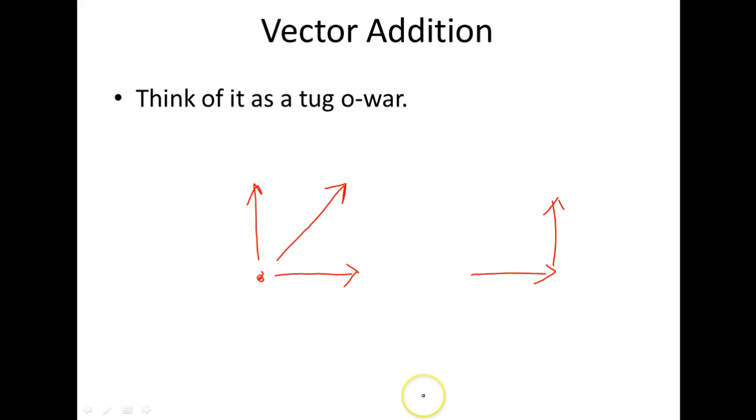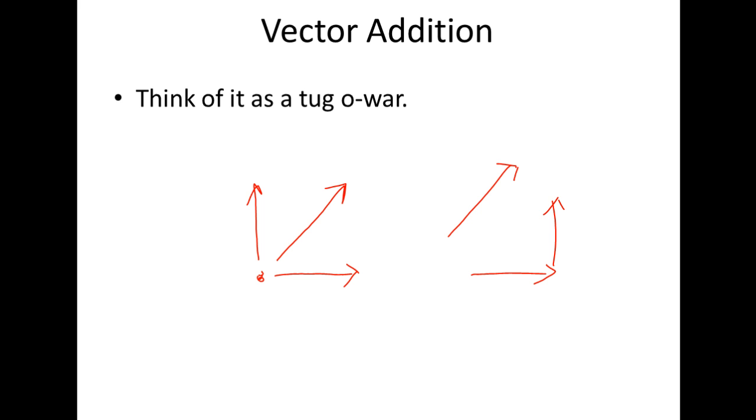How do I know whether it's this arrow or that arrow? And the way that you decide is kind of thinking of this tug of war situation, right? If I've got something that is going to the right and up, then my net result is going to be a movement that is also to the right and up.